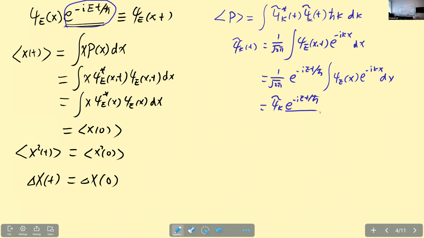So this is a phase factor independent of k, right? Okay. So we call this one a global phase factor.